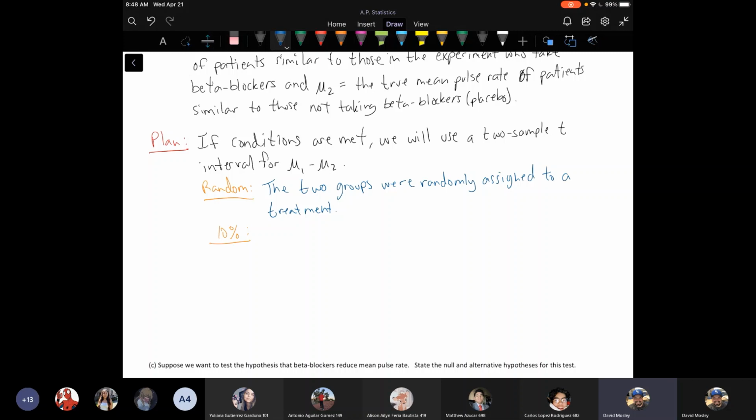And this one, since we are not sampling, this condition is not needed. Right? We're not sampling without replacement. This is not a survey kind of thing. It's an experiment. So in this case, since we're not sampling, the 10% condition isn't needed to be checked.